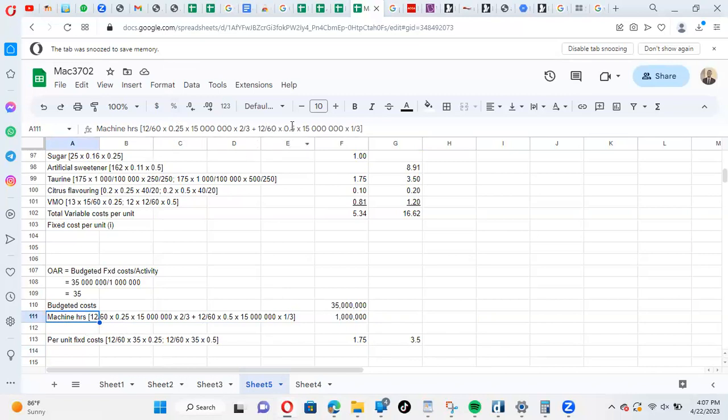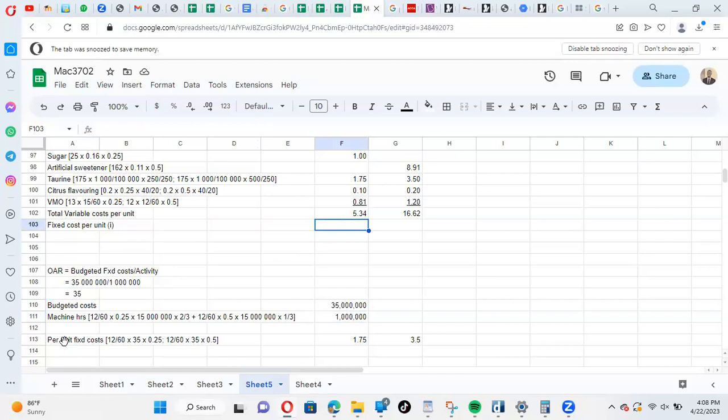Here it's 12 over 60 times 0.5 times 15 million divided by 1/3, because we are only doing 1/3. A total of that gives you 1 million. So the budgeted cost divided by that activity level gives you 35, but it's 35 per hour.